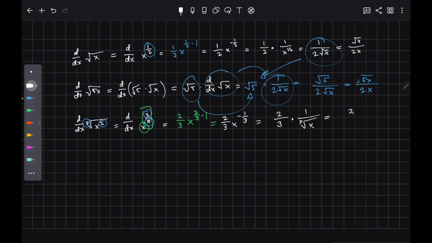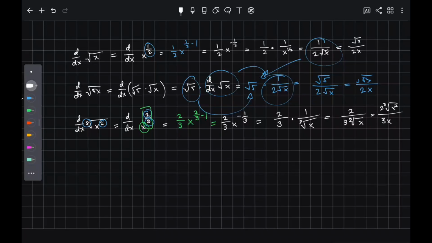Or further simplified to 2/3 cube root of x. So our derivative of cube root of x squared is 2/3 cube root x. You can also rationalize this into 2 times cube root of x squared over 3x.